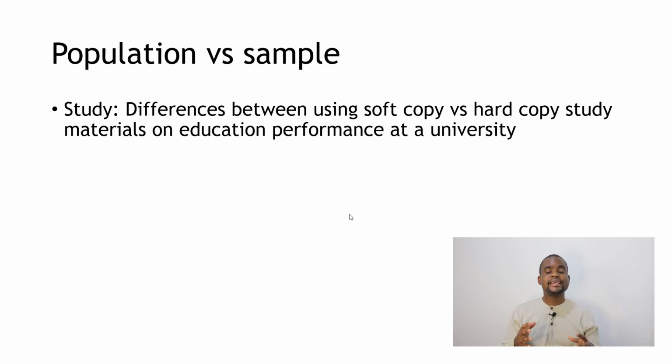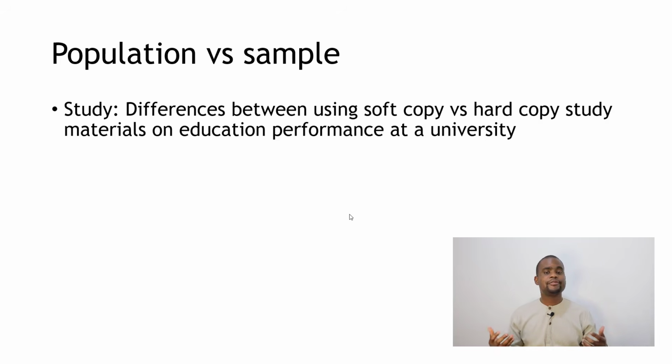You're interested to find out the differences between using soft copy materials and hard copy materials, but for all the people in the university. But because of several reasons, for example, you may not have enough money to study all those people, and also because it's going to take a long time to study a lot of people, you might not be able to study all of them.